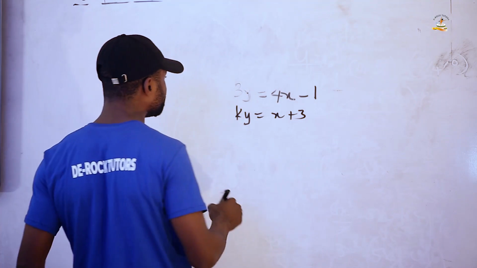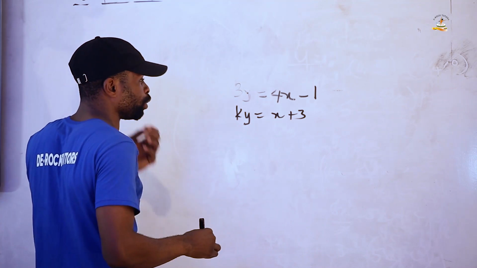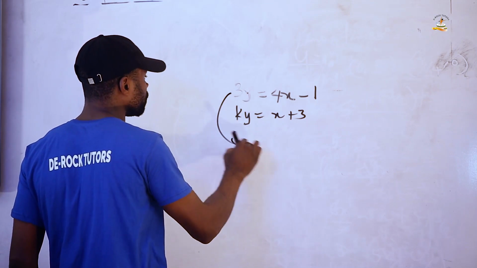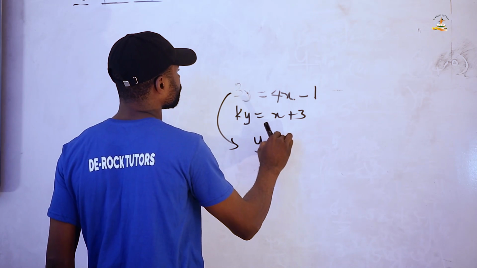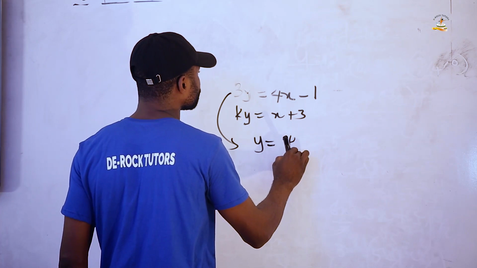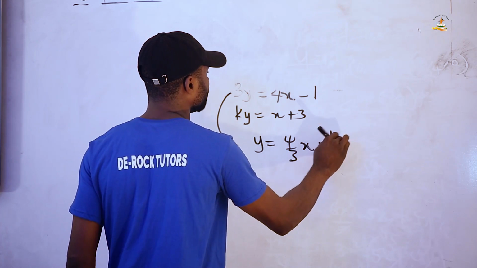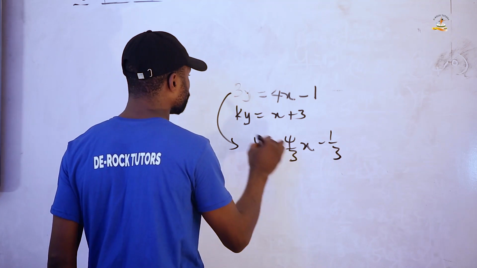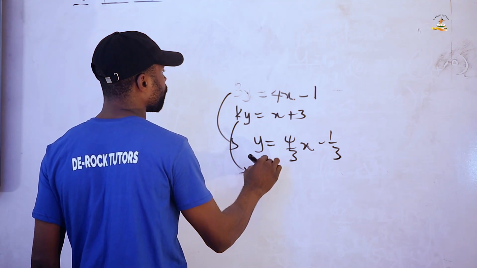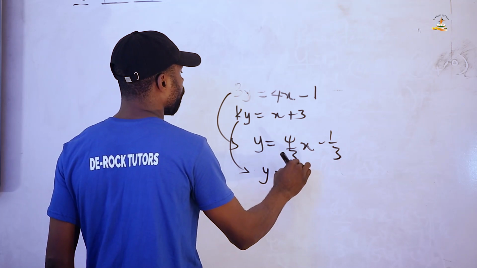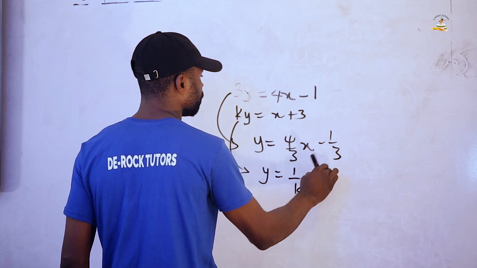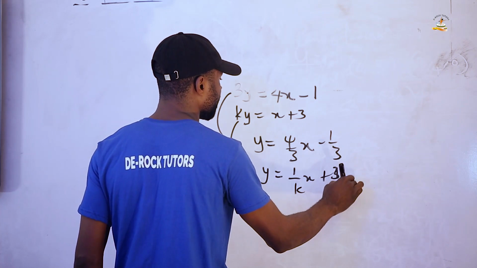So from each equation, we are going to make y the subject of the formula. From equation 1, I have y equal to 4 over 3 x minus 1 over 3. From equation 2, I have y equal to 1 over k x plus 3 over k.